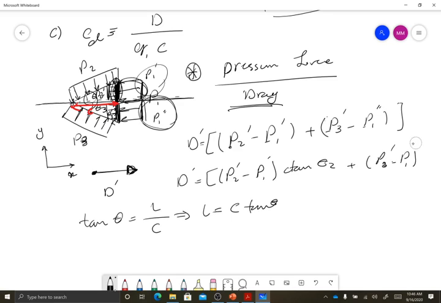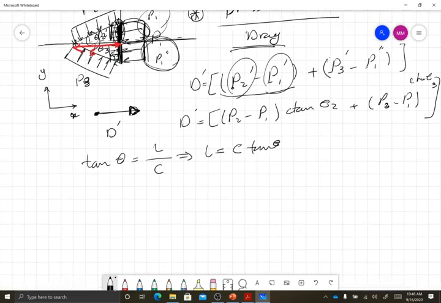These are actually just the P's, not the primes. The primes refer to the forces. This prime is referring to the pressure force, double prime referring to the pressure force. But here we are only dealing with pressures, and multiplied by C tangent of theta 3. Does this make sense? Okay.